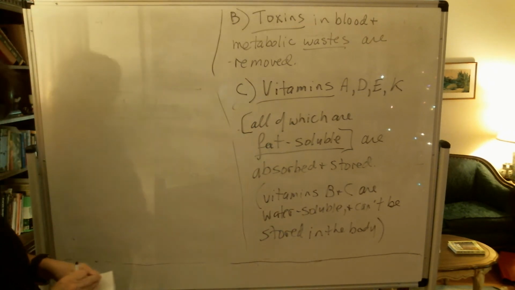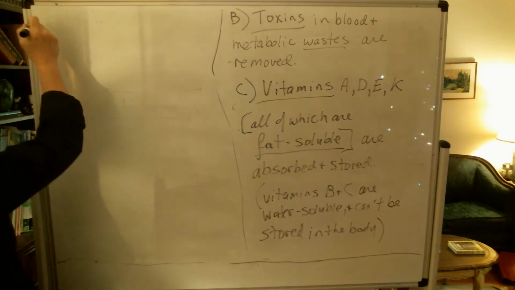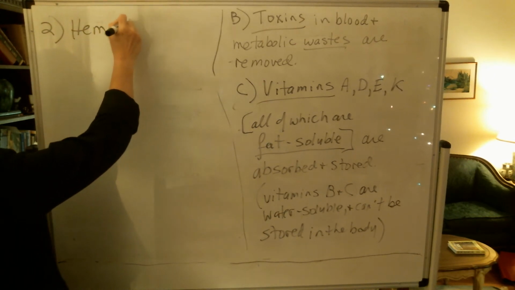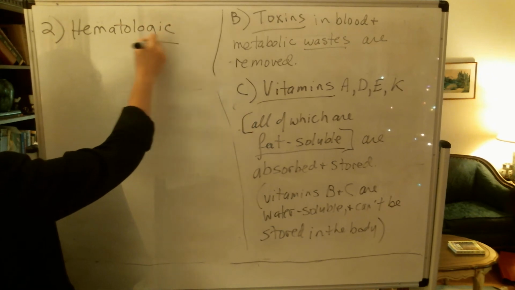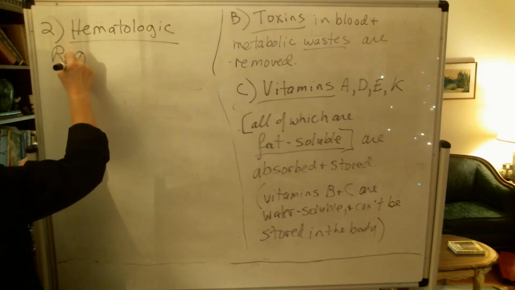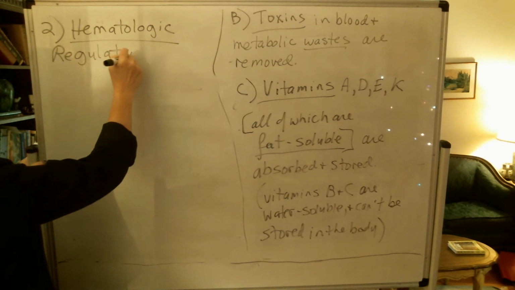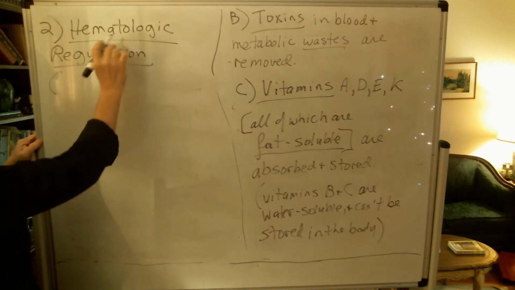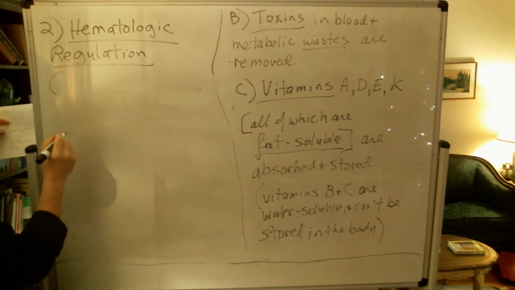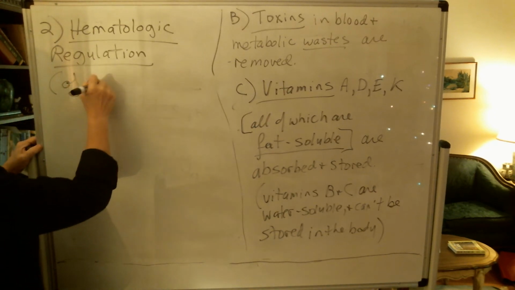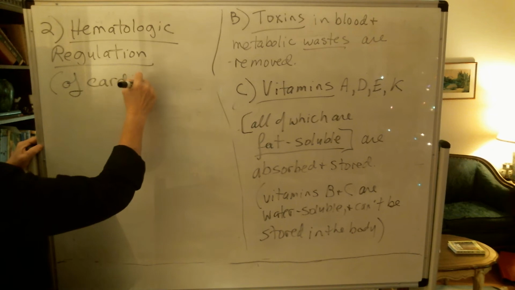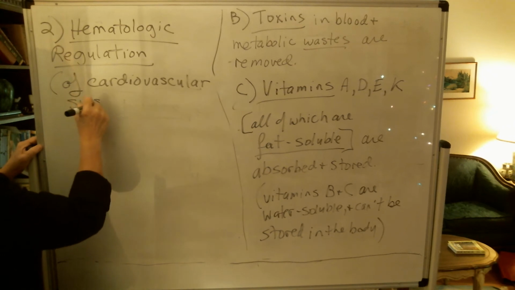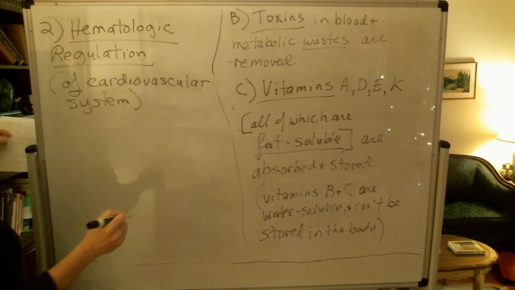Okay, so the next category of function then is what is called hematologic regulation. So this now, heme tells you it has to do with blood. So this then has to do with your cardiovascular system.